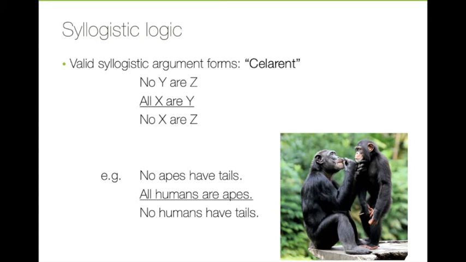So below we see an example where Y is apes, Z is have tails, and X is humans. No apes have tails. All humans are apes, so no humans have tails.